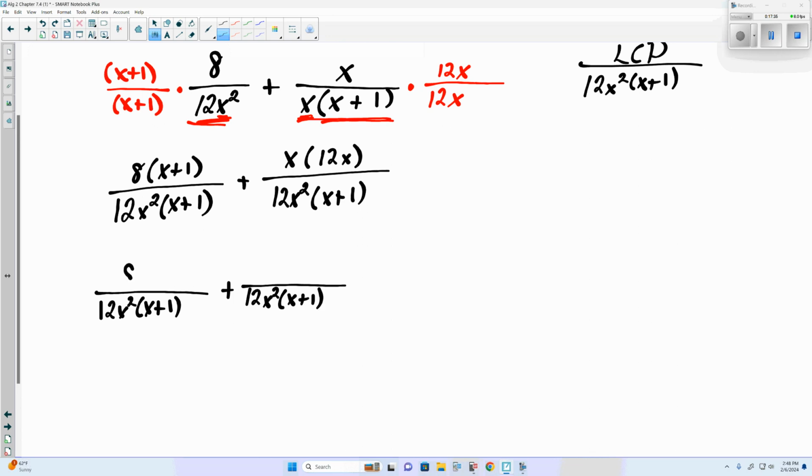Eight times x is 8x. 8 times 1 is 8. X times 12x is 12x squared.